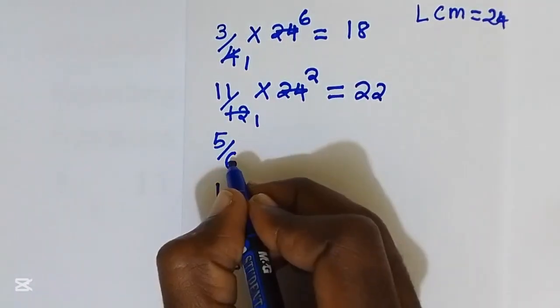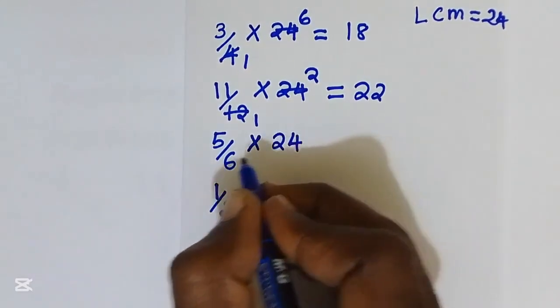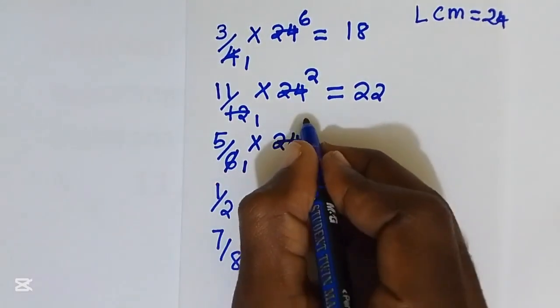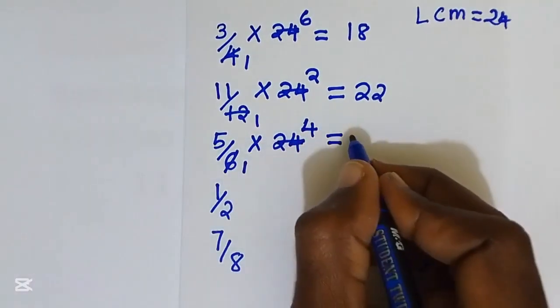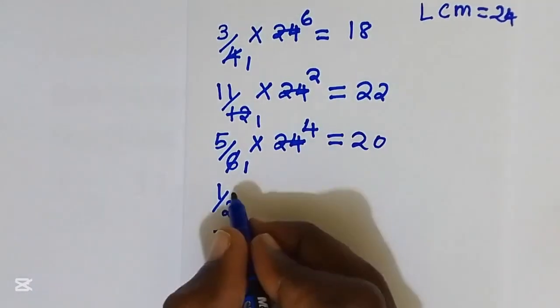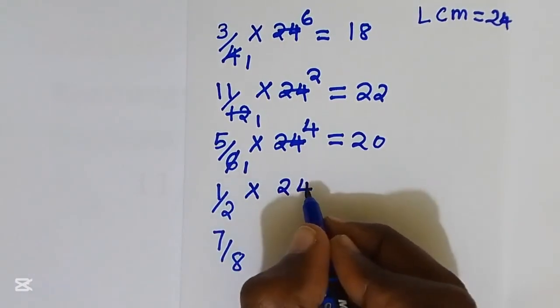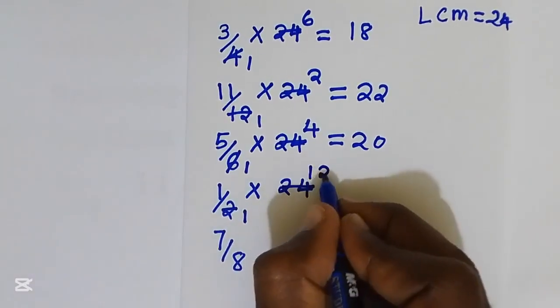5 over 6 multiplied by 24. By 6, 1. By 6, 4. 5 multiplied by 4, we got 20. A half multiplied by 24. By 2, 1. By 2, 12.